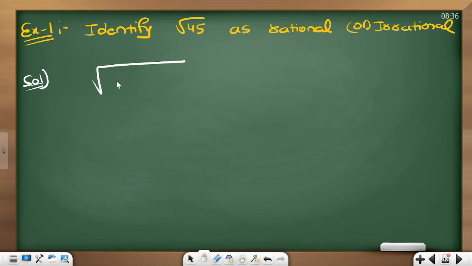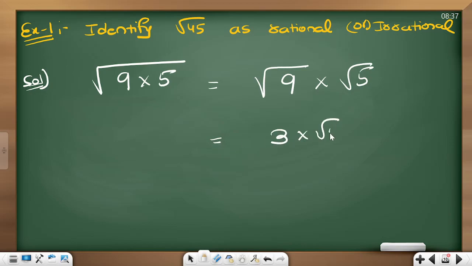So root 45 can be written as 9 into 5 or 15 into 3, but 9 into 5 is much more useful for us. Now root of 9 into 5 can be written as root 9 into root 5. Root 9 is 3, root 5 is irrational.